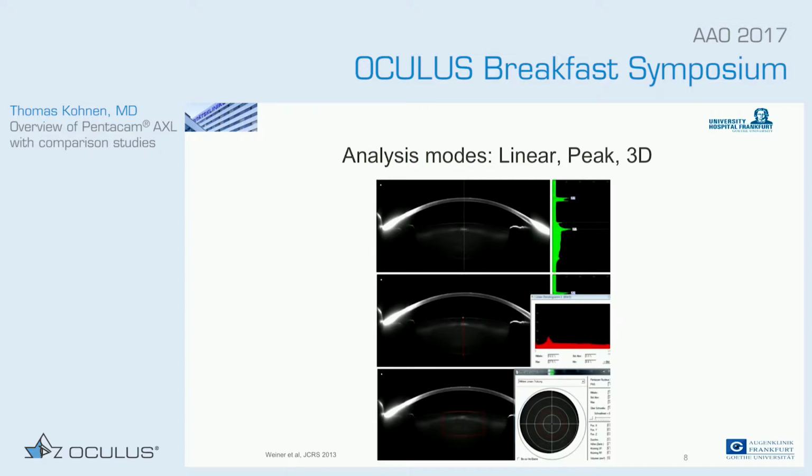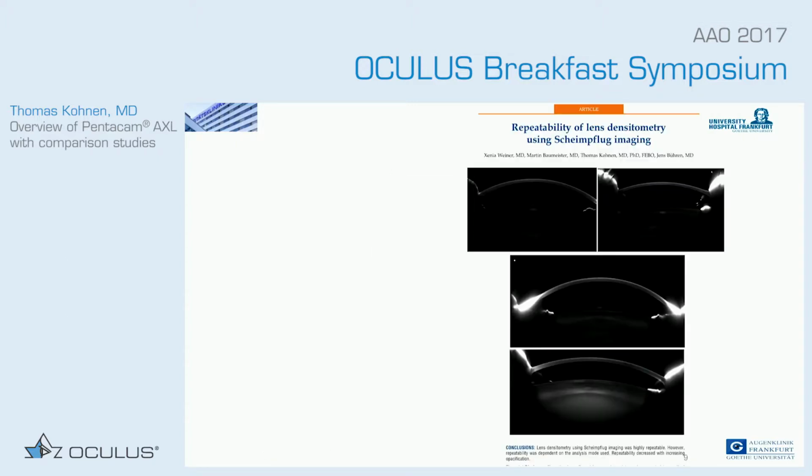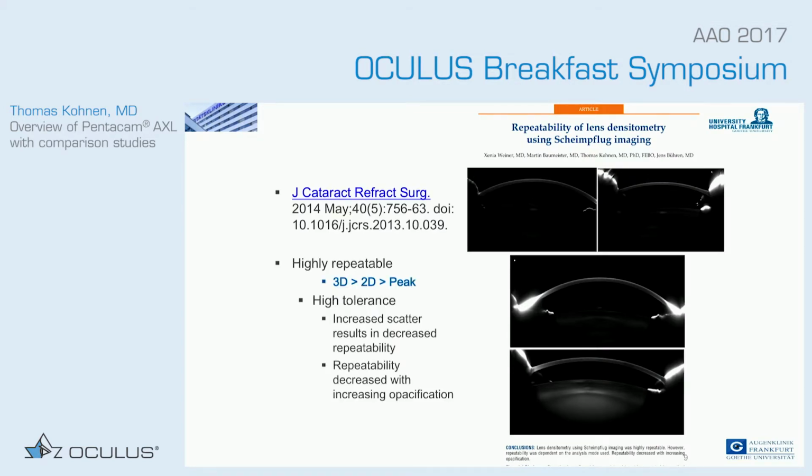You can see the cornea and you see the lens. What we found, with outcomes published in 2014, was high repeatability. 3D was better than 2D, and as you can see on the right side, increased scatter results in decreased repeatability; repeatability decreased with increased opacification of the lens.